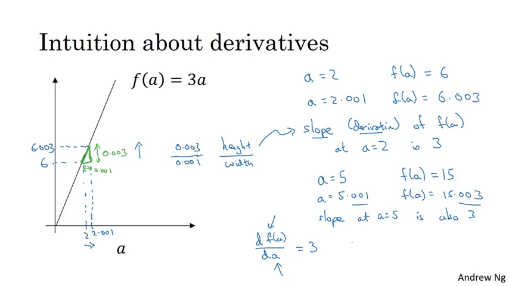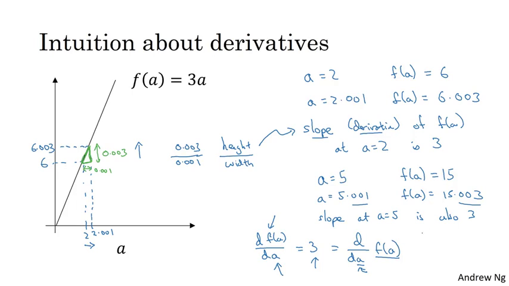You can also write this as d dA of f of a. So whether you put the f of a on top or write it down here, it doesn't matter. But all this equation means is that if I nudge a to the right a little bit, I expect f of a to go up by 3 times as much as I nudge the value of little a.